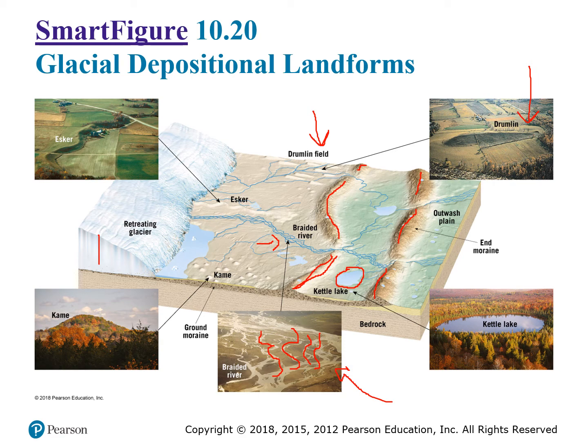They can be anywhere between 15 to 60 meters in height, and their average length is about half a kilometer, or half a mile, excuse me. The steep side of the hill faces the direction from which the ice advanced. So this is the steep side of the drumlin, which indicates that the glacier moved in this direction.